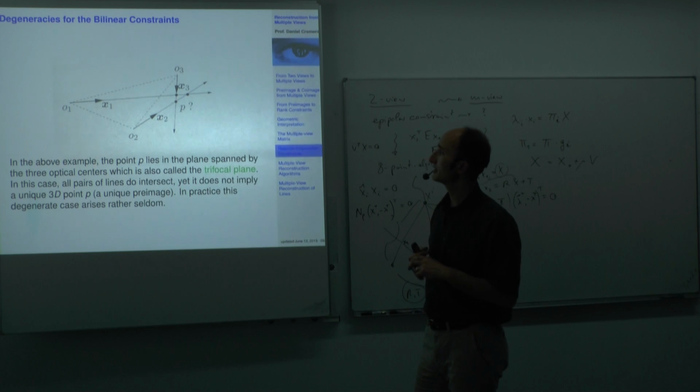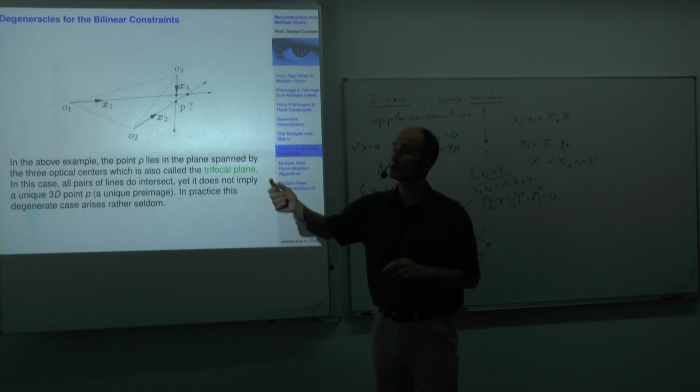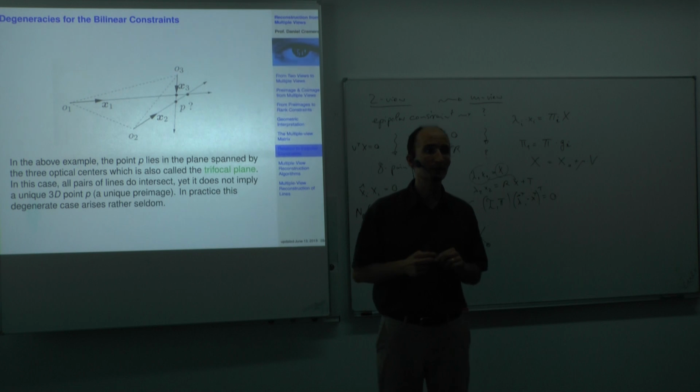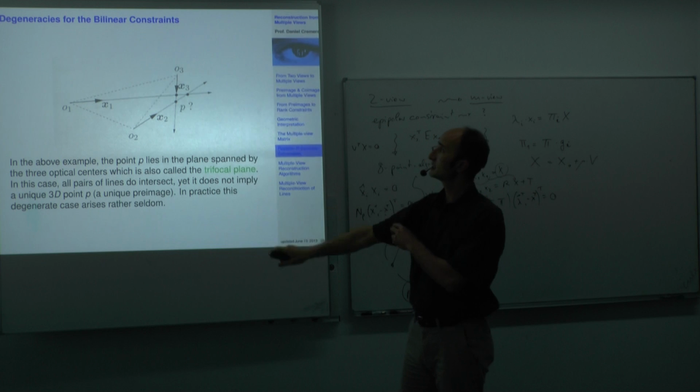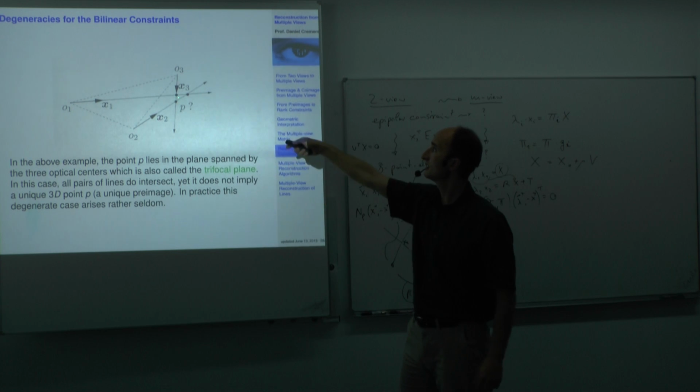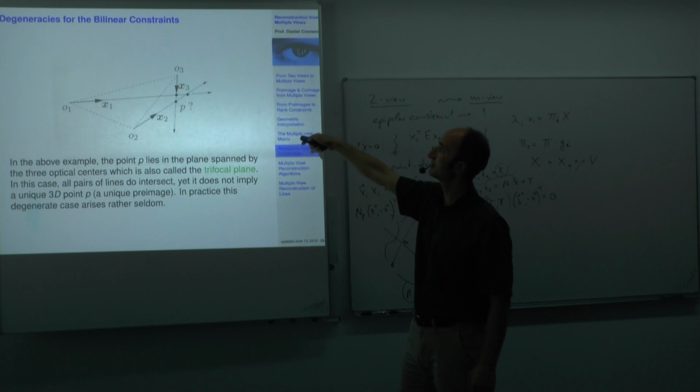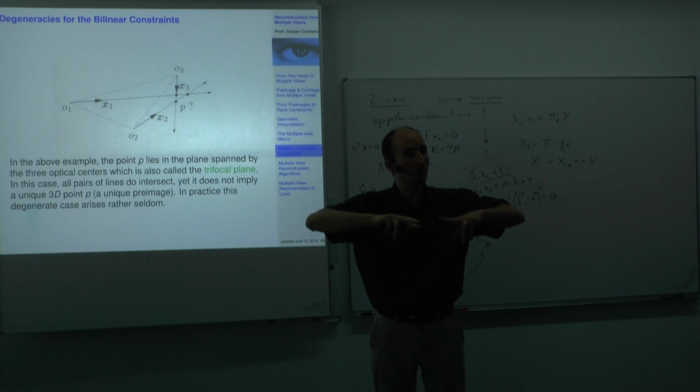And the interesting thing is, if you consider 2 images only and say for each 2 images I want a consistent reconstruction, then this would be a feasible solution, in the sense that if I observe that point, then basically for any 2 images these lines do intersect somewhere if they're all coplanar.